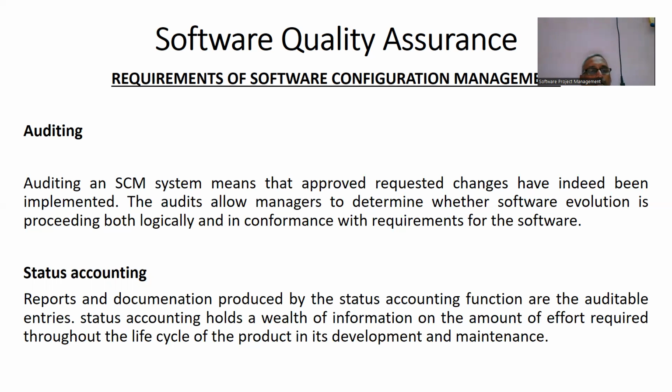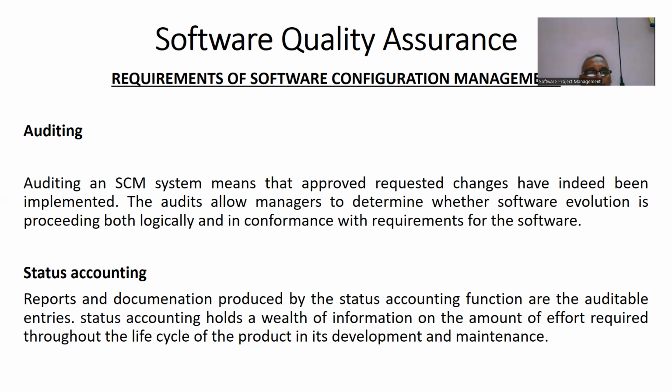Next, status accounting. Reports and documentation produced by the status accounting function are the auditable entries. All parts of a software configuration must be accounted for, and the software parts list must reflect the transition from part CI N to CI N plus 1.